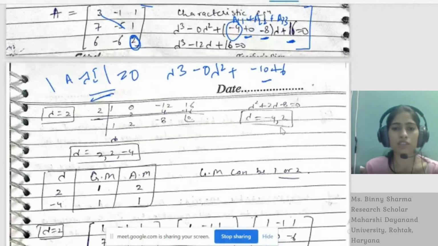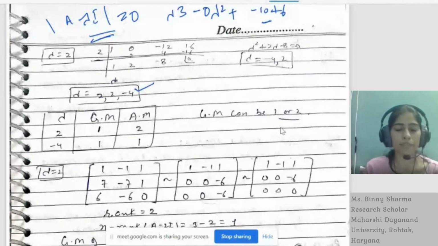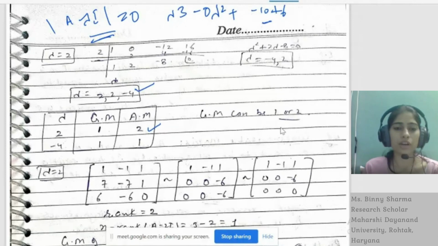After solving this cubic equation, we get the values of lambda: 2, 2 and minus 4. Now the task is how to make the AMGM table. The algebraic multiplicity of 2 is 2, and AM of minus 4 is 1. So we can directly say GM is also 1.